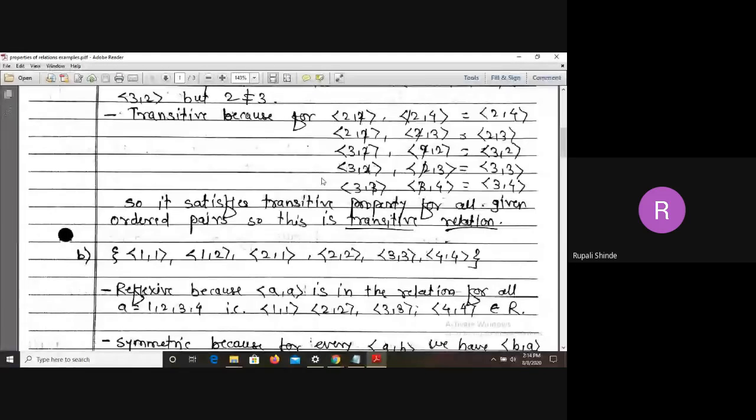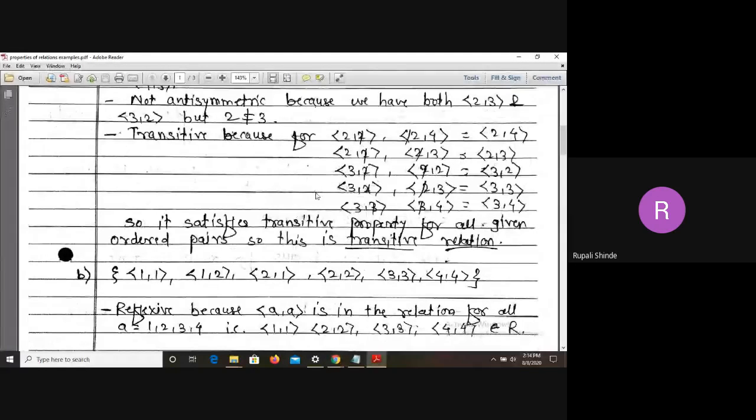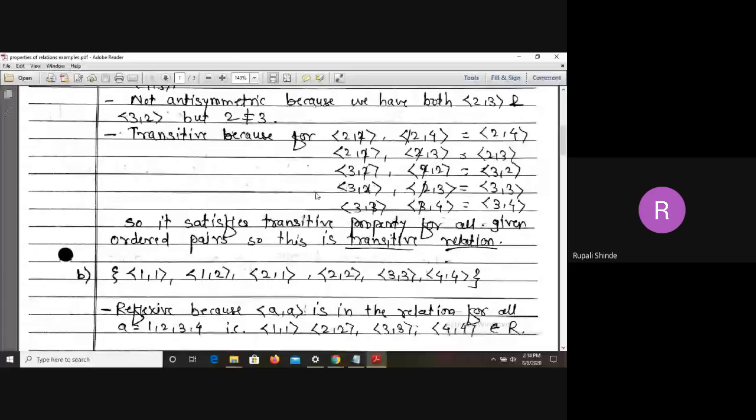Is it antisymmetric? No, this is not antisymmetric. Why?